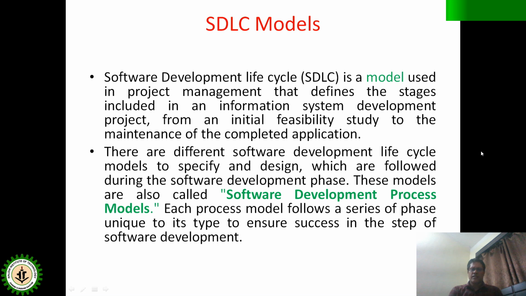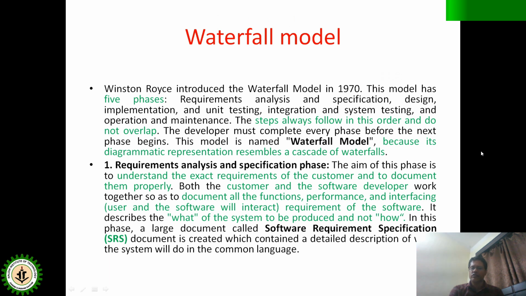Now the SDLC models. So in this software development life cycle, various kinds of SDLCs are there. It's not that only one particular type of SDLC is there. The first and the simplest SDLC is the waterfall model. Winston Royce introduced this waterfall model in the 1970s.